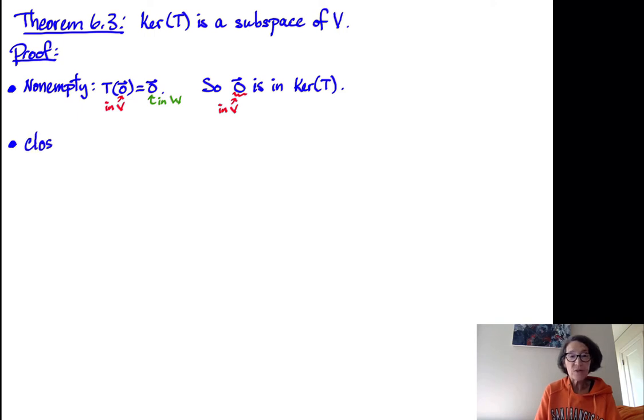Also, we have to show that it's closed under vector addition. So for closure under addition, we take two things that we know are in the kernel.